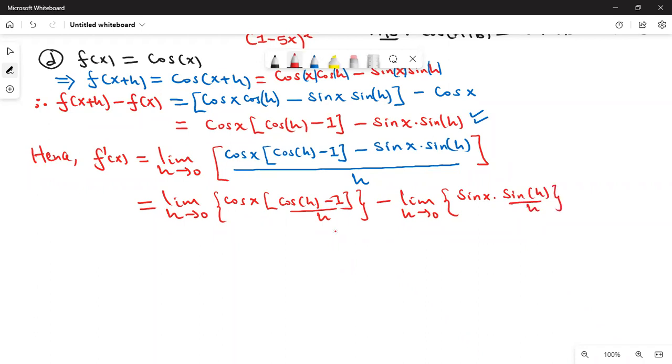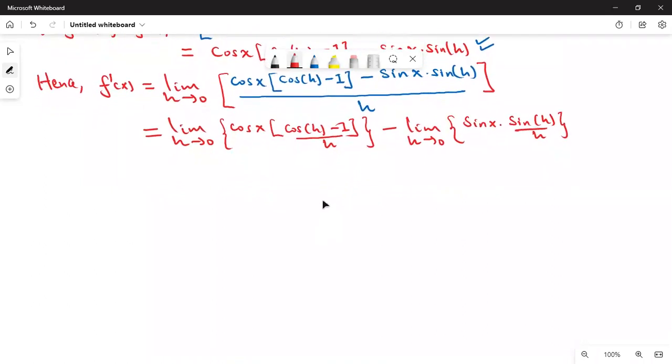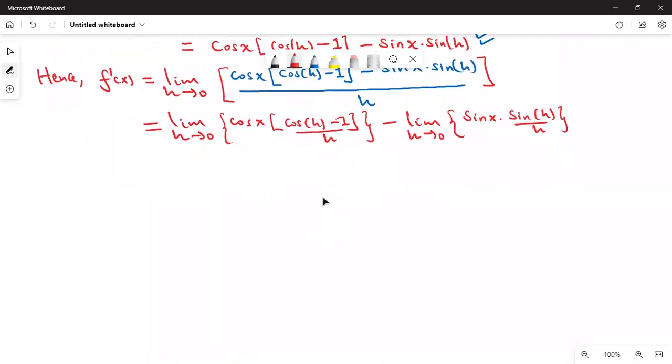And you see, when we talk of limit, anything that does not depend on H, you can factor that out. So those functions of X, we can factor them out, so that you can write cosine of X outside, then times the limit as h approaches 0 of cosine h minus 1 over h.